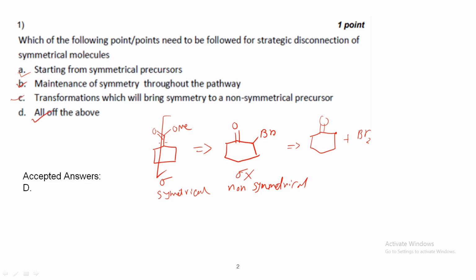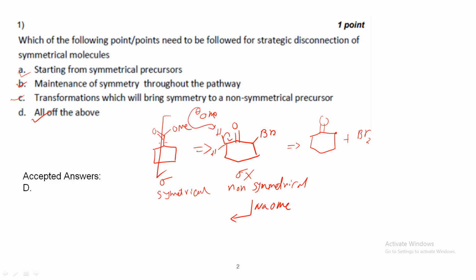Now let's look at how we can do this particular transformation. As I am telling, it's a Favorskii type of rearrangement. So if we use this particular base, sodium methoxide, what would it do? At first it would take the alpha proton, as those are acidic ones.